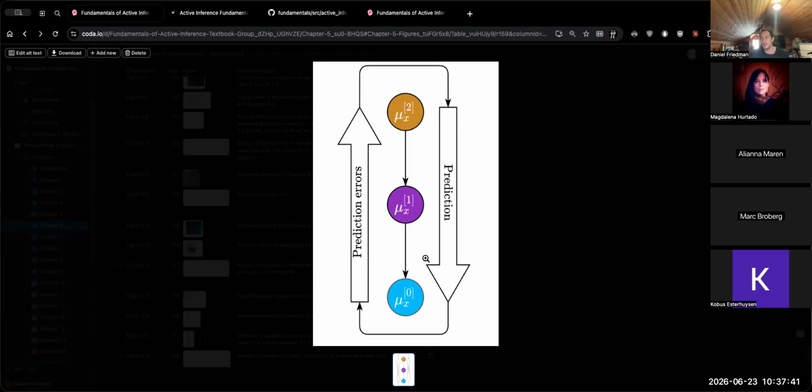Where we get with that though is, again staying with this notion where the lowest layer is mu sub x of zero, even though it's kind of a little bit called y, we get descending predictions and ascending prediction errors, which are not shown on that Bayes graph.